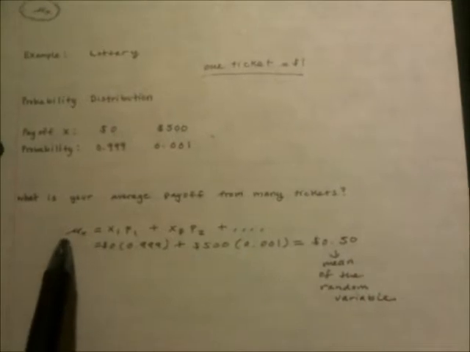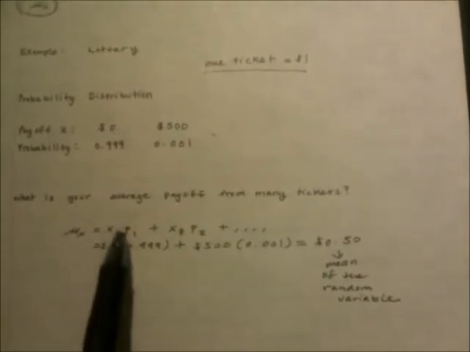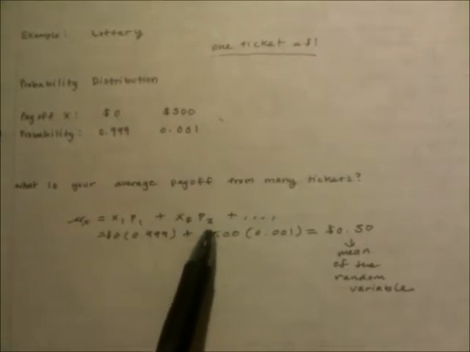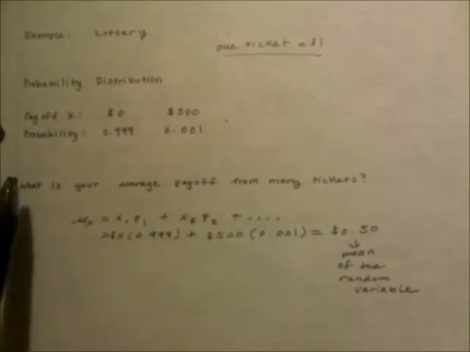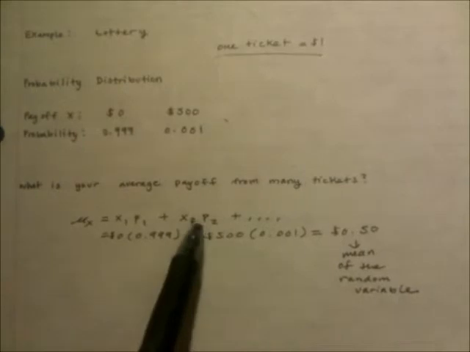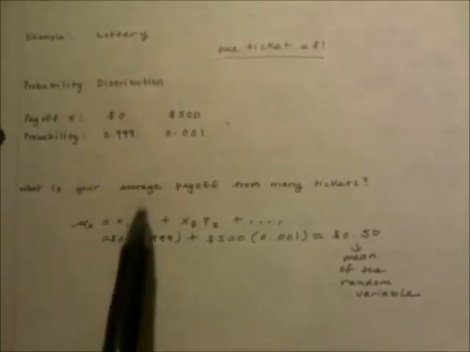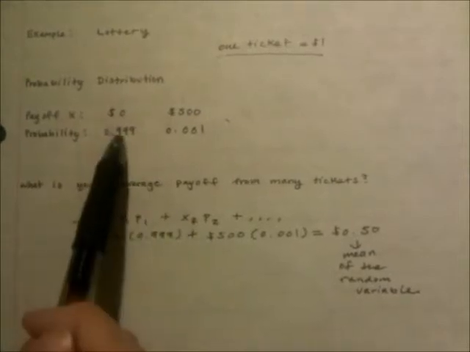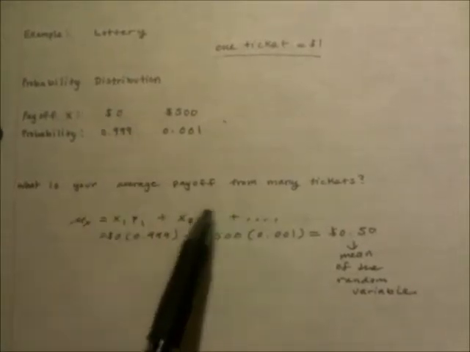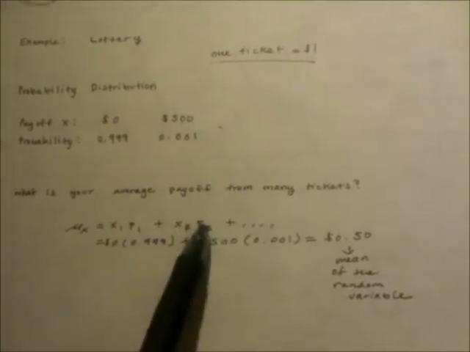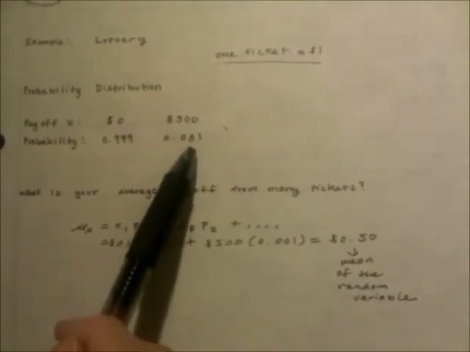So the formula is mu sub x equals x1 times p1 plus x2 times p2 and so forth. In this example, we only need to go up to x2 and p2. x1 is $0, p1 is 0.999, x2 is $500, and p2 is 0.001.